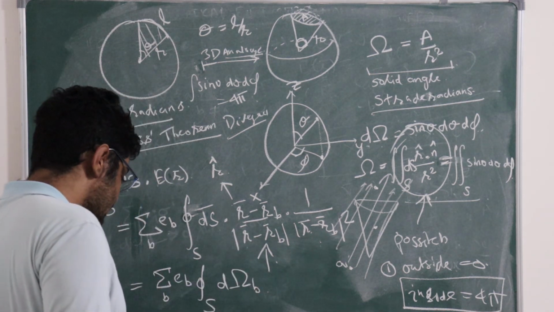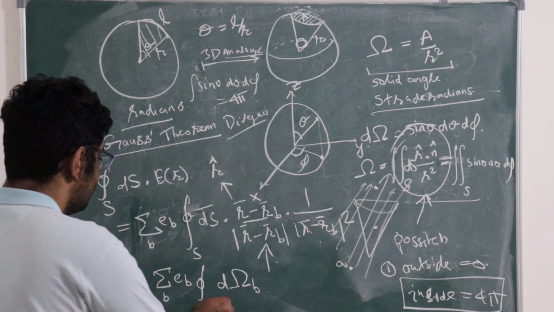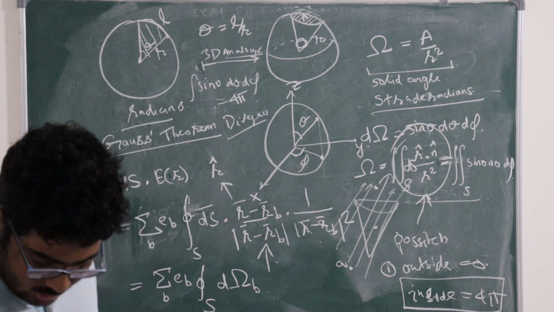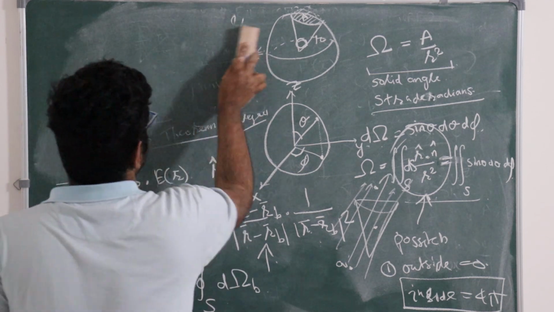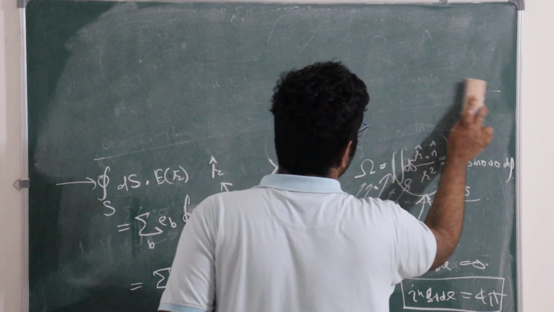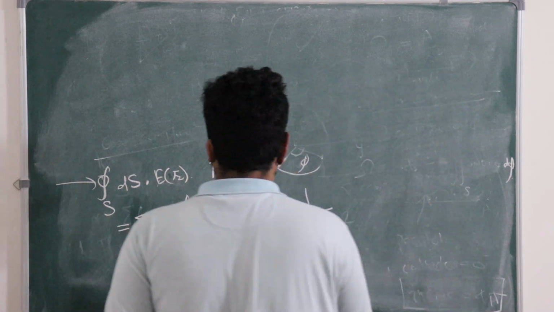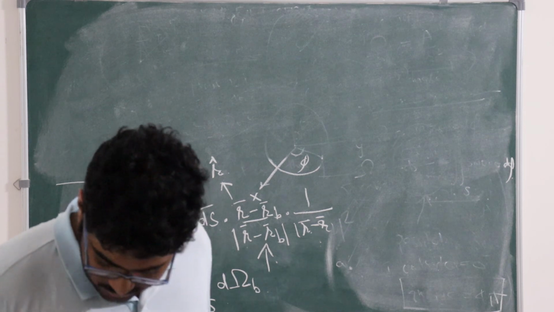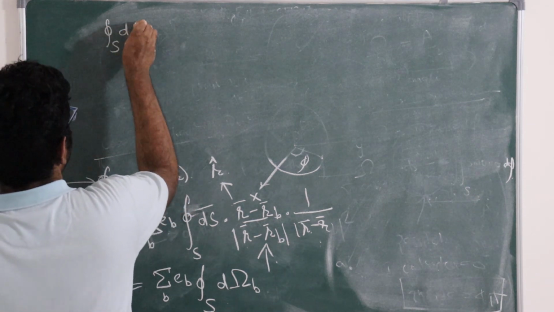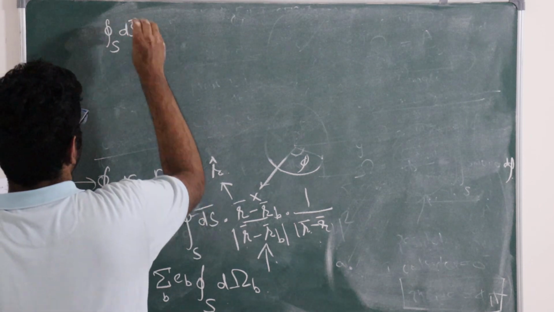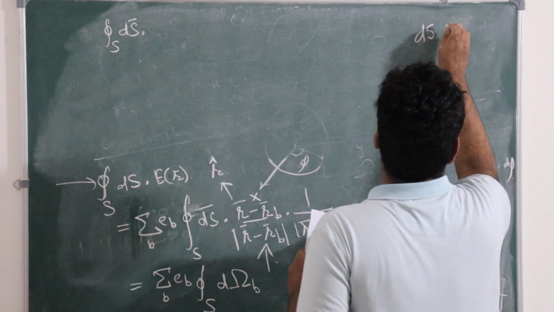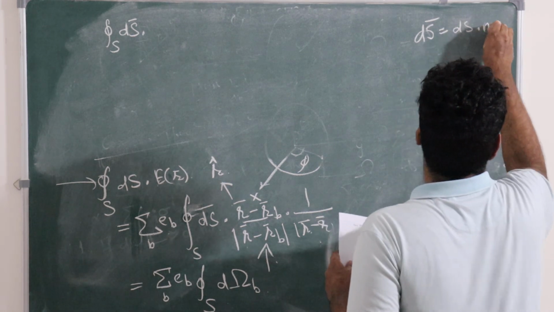So since this integral is equal to the first integral that I wrote, I would like to write that this integral that we first wrote is already a vector, because ds vector is already a vector, because I wrote this ds vector as ds dot n hat.